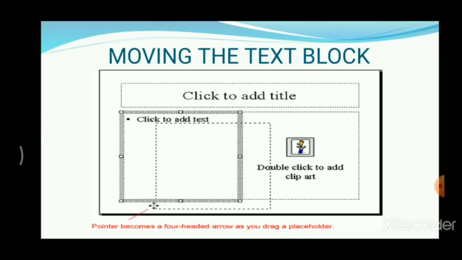Okay, a border will appear around the text. Student, position the pointer on the border when it changes its shape to a four-headed arrow. Okay, and drag the mouse to move the text enclosed in the border.